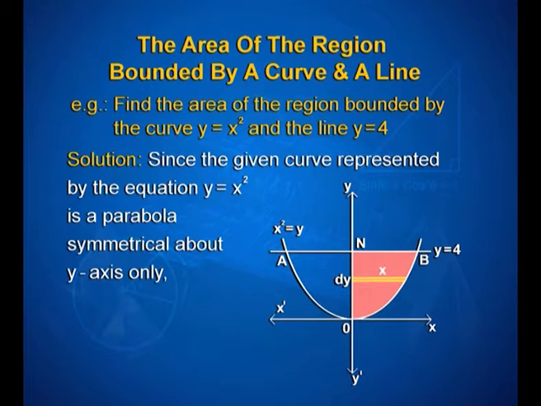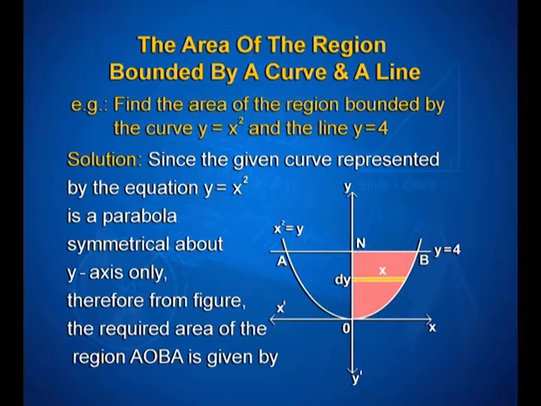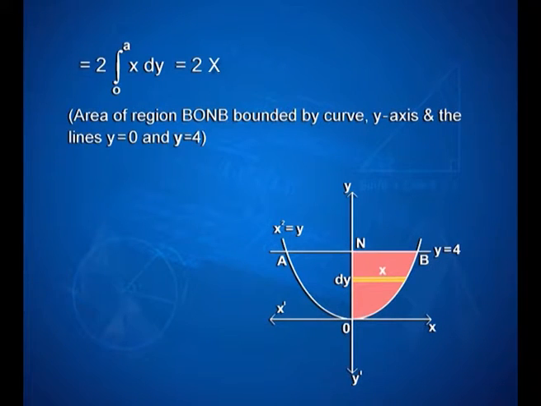Now, for the solution, since the given curve represented by the equation y is equal to x square is a parabola symmetrical about the y axis only, therefore, from the figure the required area of the region A O B A is given by 2 into integral 0 to 4 x dy, that is equal to 2 into the area of region B O N B bounded by the curve, y axis, the lines y is equal to 0 and y is equal to 4.